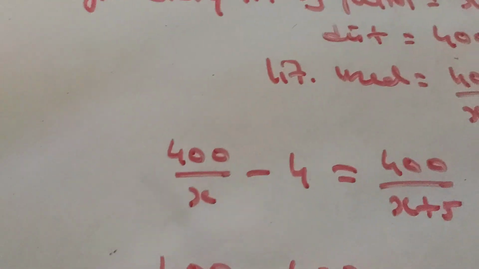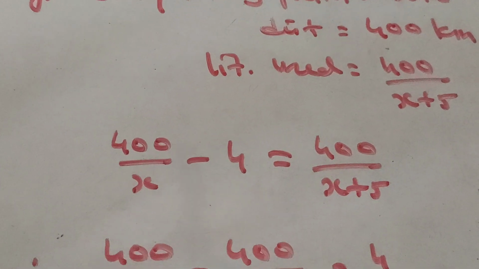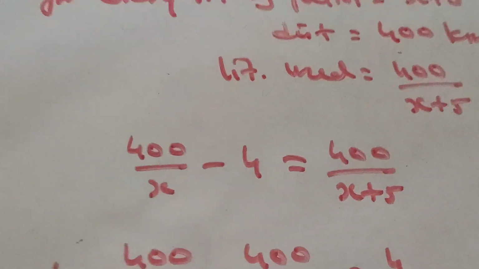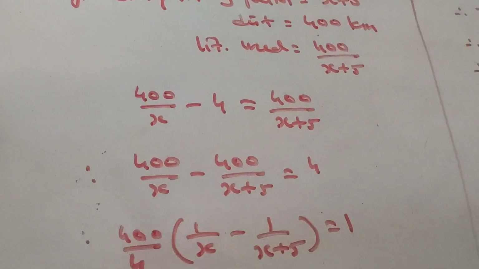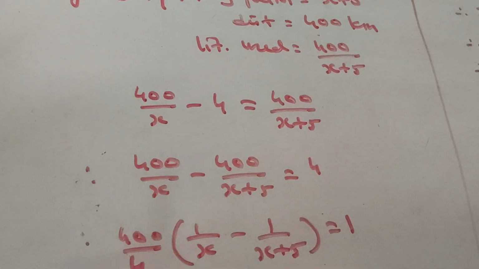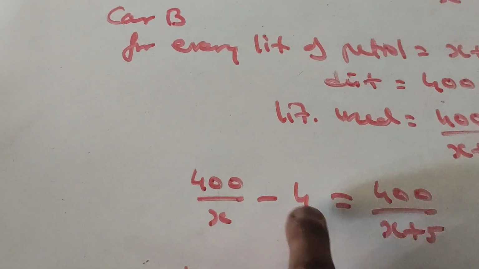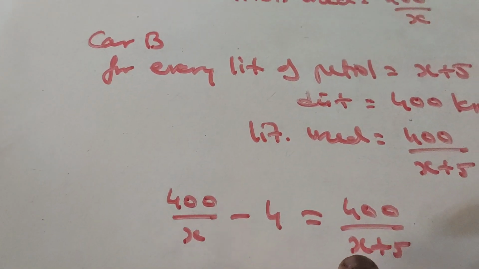So 400 upon x minus 4 is equal to 400 upon x plus 5.